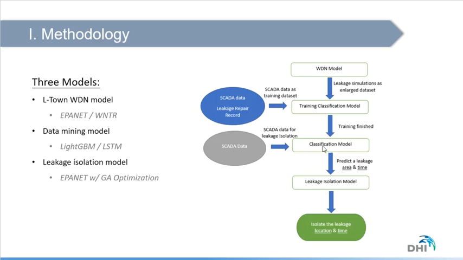Once the model is well trained, it is used for prediction. The prediction made by this data mining model gives the leakage area and a leakage time period. Given these results, the leakage isolation model is applied eventually and could isolate the exact leakage location and time point.